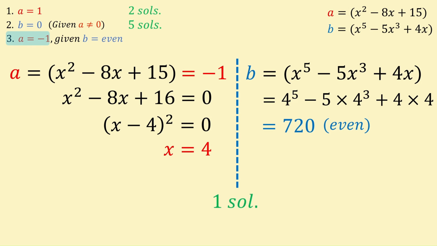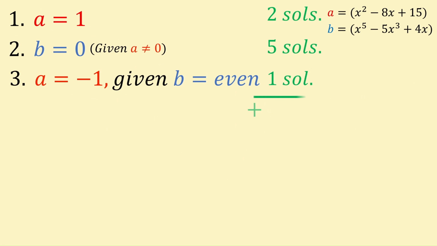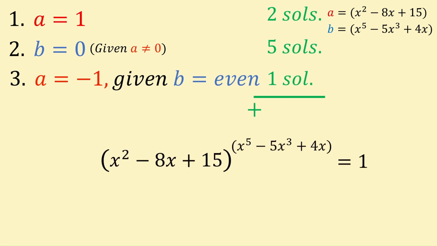Our third case gives one solution. In total, when we add up each solution, which are all unique to our original exponent equation at the start, (x squared minus 8x plus 15) to the power of (x to the 5 minus 5x cubed plus 4x) equals 1, we have 8 solutions. 8 different real number solutions is the final answer.